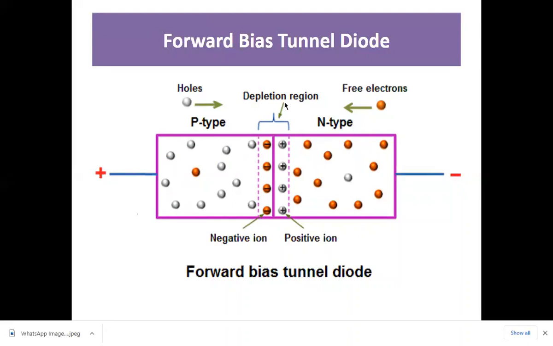Quantum mechanics says that the electrons will directly penetrate through the depletion layer or barrier if the depletion width is very small. The depletion layer of a tunnel diode is very small, in nanometers. So the electrons can directly tunnel across the small depletion region from the n-side conduction band into the p-side valence band.